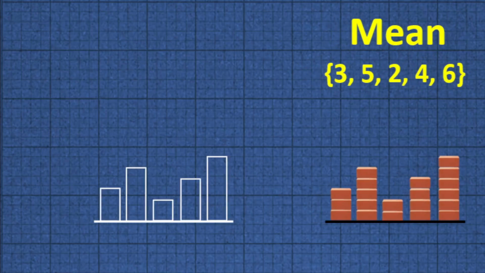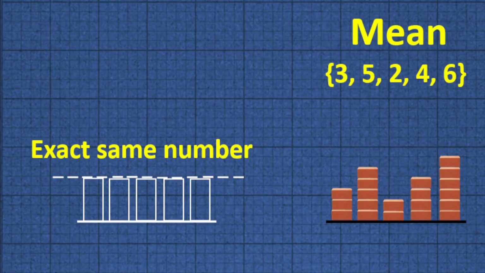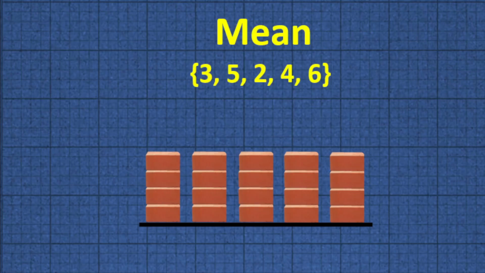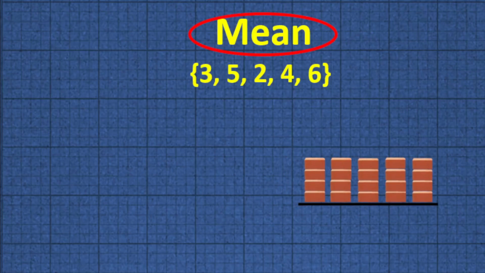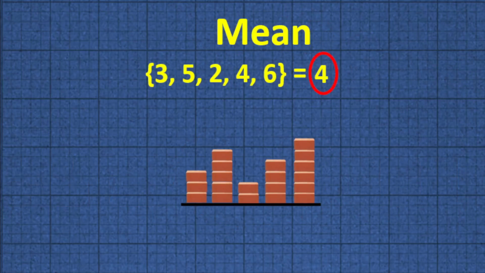But what if we rearrange the blocks with the goal of making the stacks the same height? In other words, if each stack could have the exact same number, what number would that be? Well, with trial and error, you'll see that we have enough blocks for each stack to have a total of 4. That means that the mean or average for our original dataset would be 4.